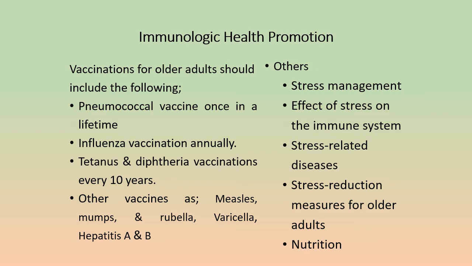So stress reduction measures are very important, and nutrition is also highly important, especially when it comes to proteins, such as chicken, lentils, and yogurt. So anything that is rich in iron, anything that is rich in protein.